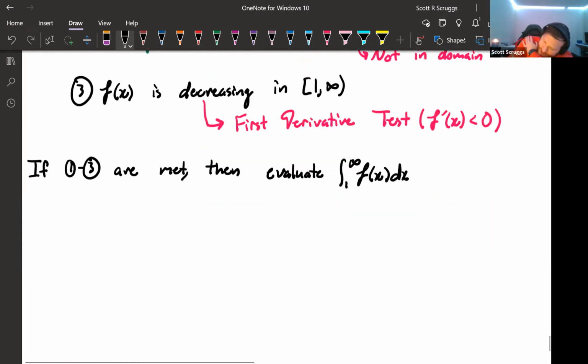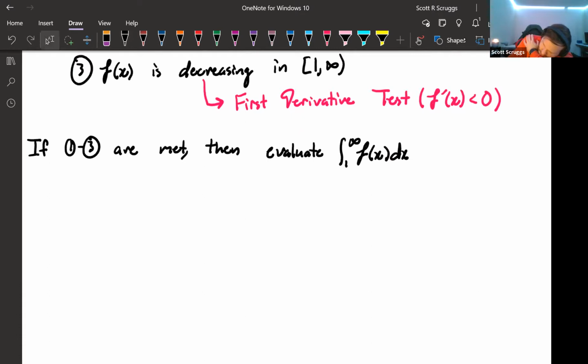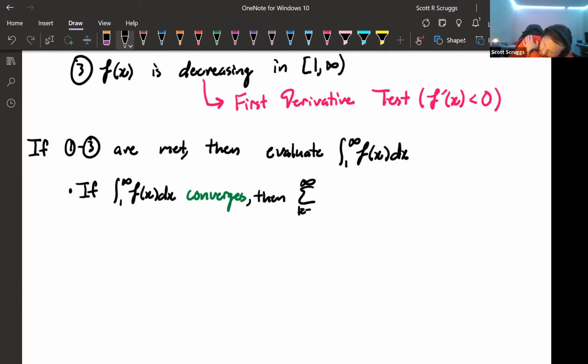So let's summarize. If that improper integral converges, then that series will also converge to that exact same point.